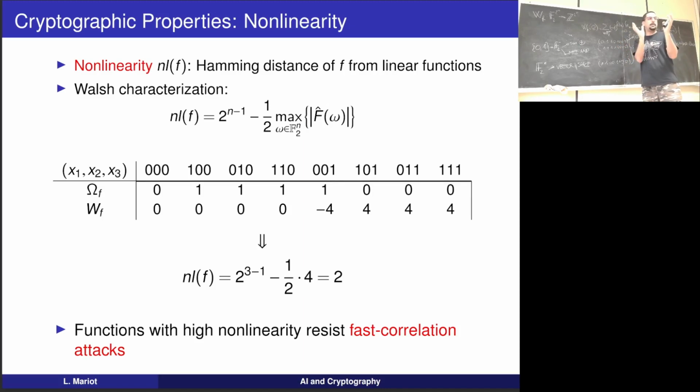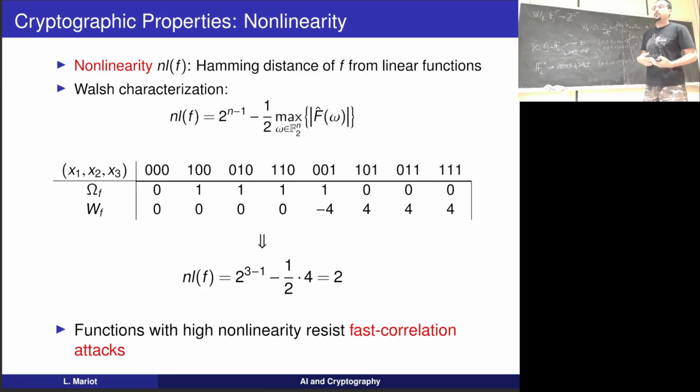So if we take the most highly correlated function, we also get the minimum Hamming distance in this way. So the maximum magnitude is 4 because we have minus 4, 4, 4, 4, and just 0. So the nonlinearity in this case will be 2 for our function.